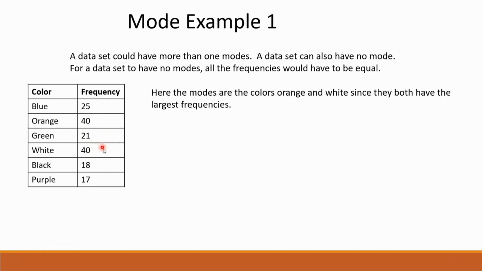So because of that, orange and white are the modes. I think in that case people say they're bimodal, but I don't know that for sure. And here, there's no mode because they all appear the same number of times. They all have the same frequency. So that can also happen.